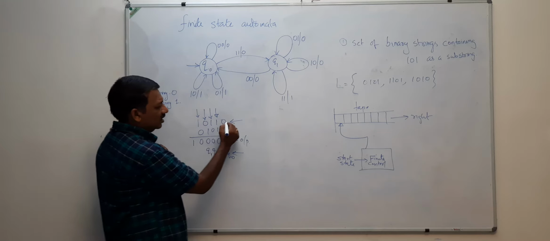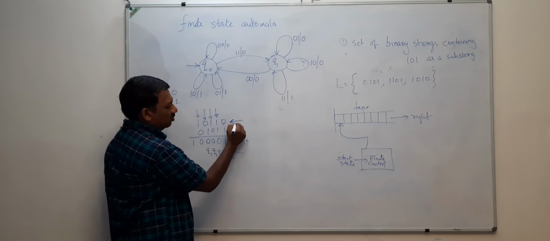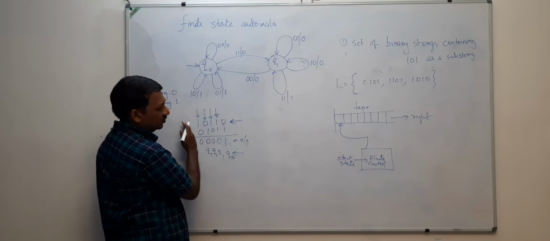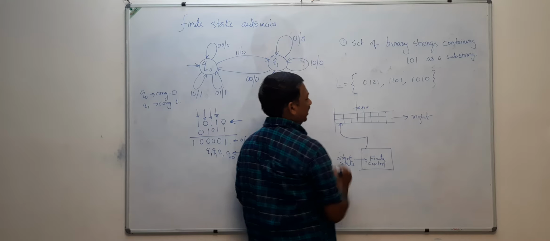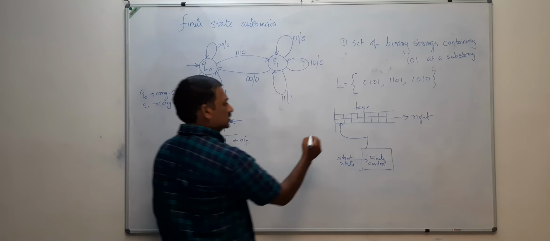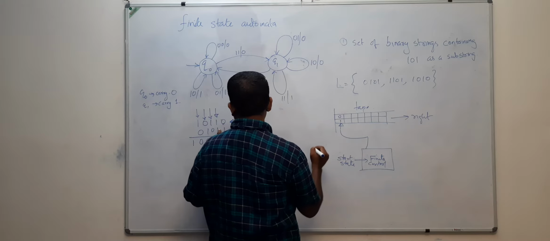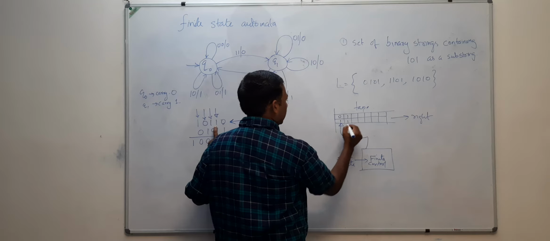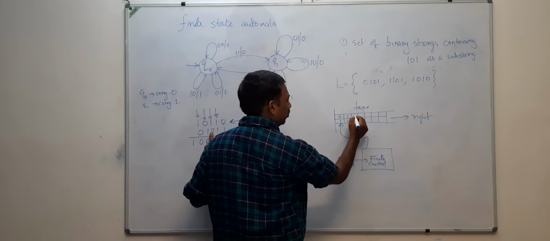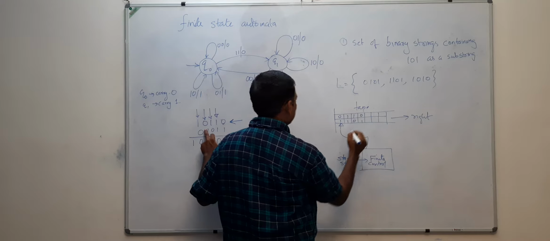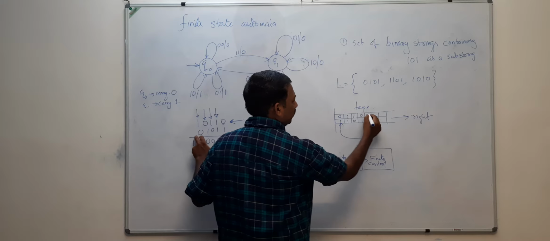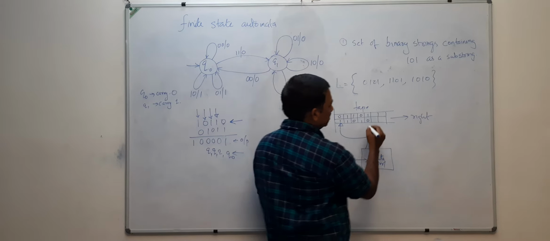Here we are processing this from right to left. The input, pairs such as 0 1, 1 1, 1 0, 0 1 and 1 0, is printed here.